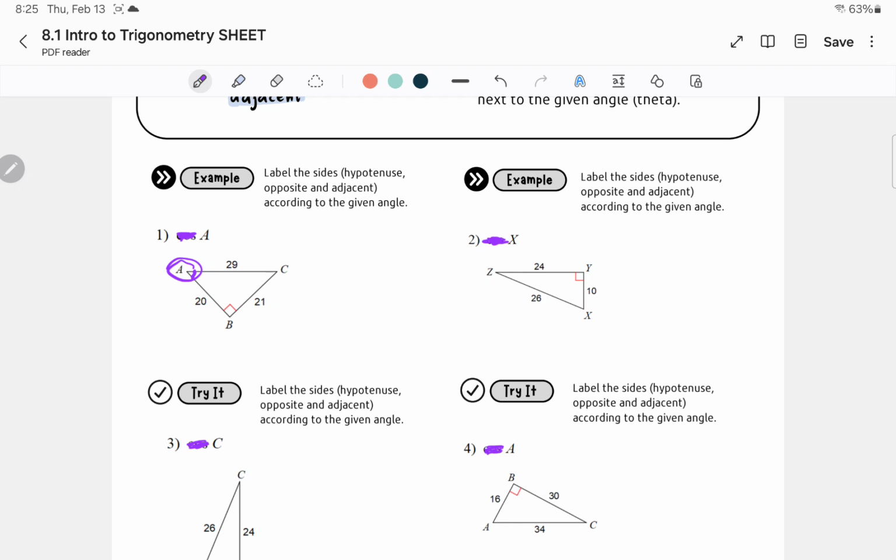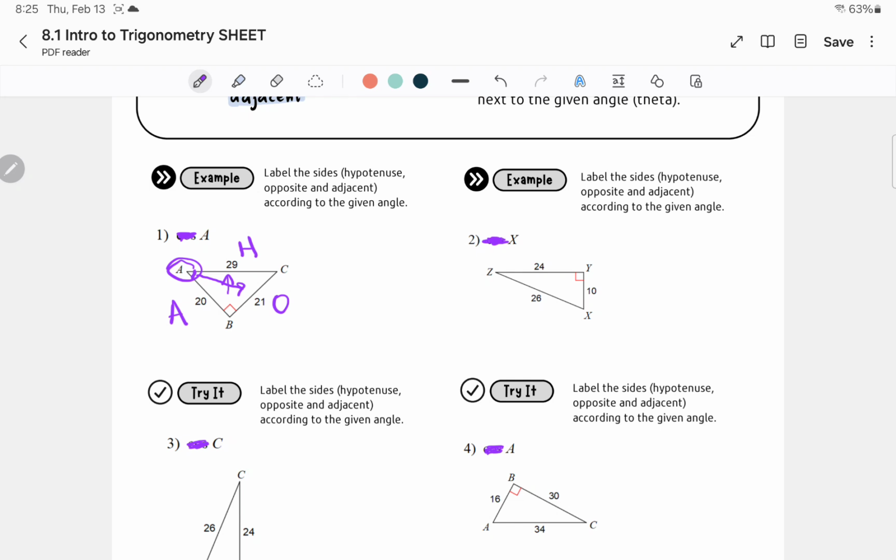Okay, so let's start with hypotenuse. Start with the right angle and draw an arrow across. That's our hypotenuse, this side right here. Then we're going to go back to A, which is our theta, and then draw an arrow across from that. And that's going to be our opposite side. And then what is next to our angle is our adjacent side.